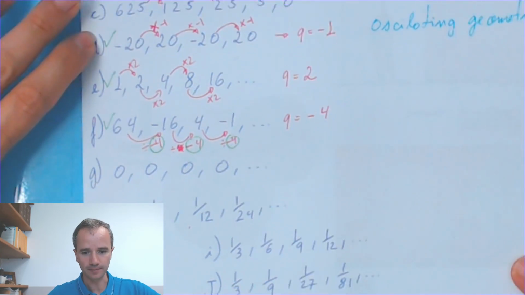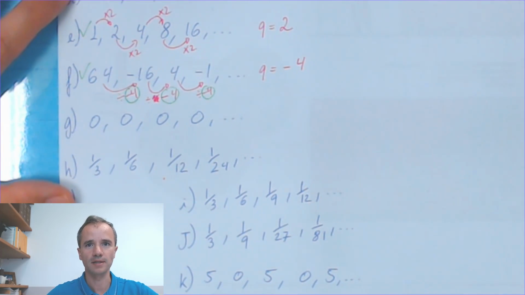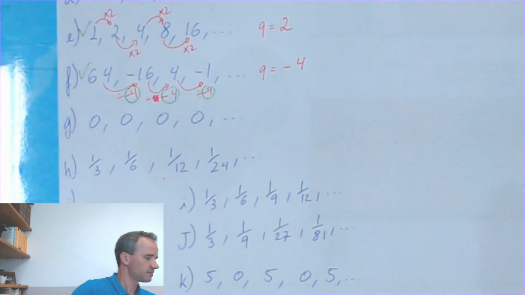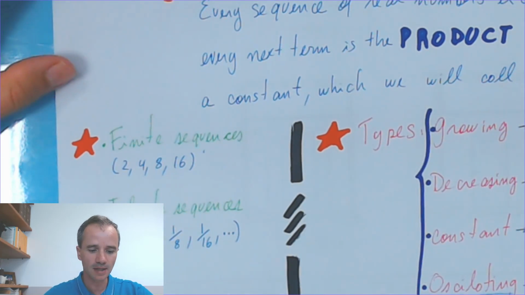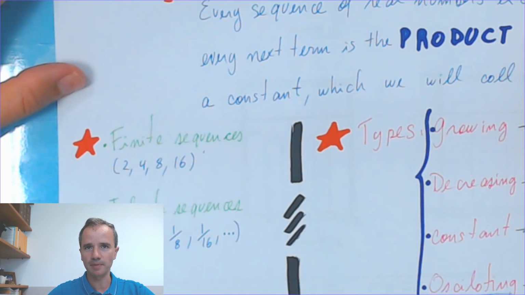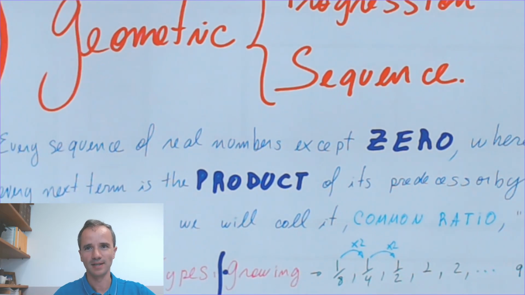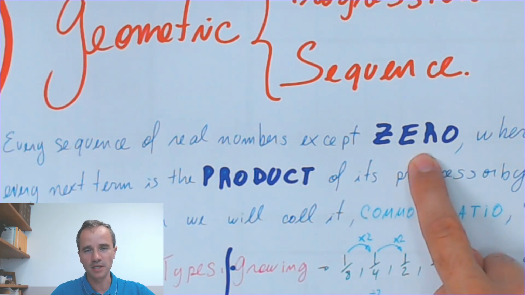Now, let's see some more. Remember what we said right in the beginning? Every sequence of real numbers except 0.